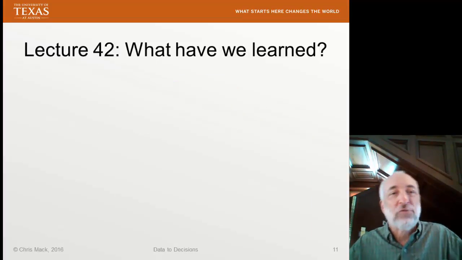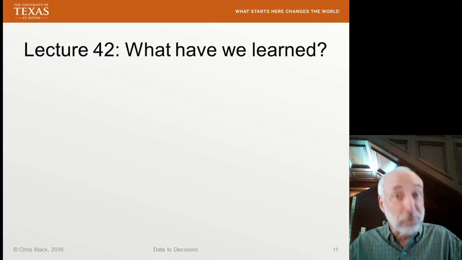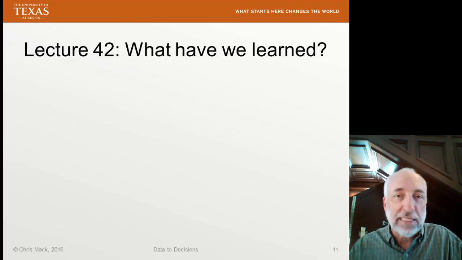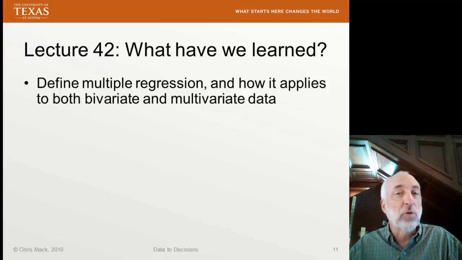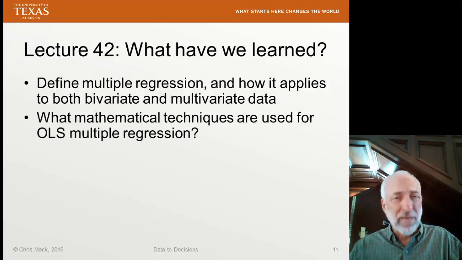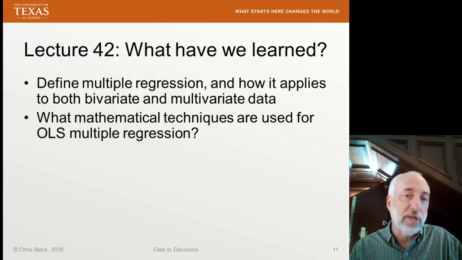All right, let's review. What have we learned in this introduction to multiple regression? As always, you should be able to quickly and easily answer these questions. If not, please go back and review the material. Define multiple regression and how it applies to both bivariate and multivariate data. What mathematical techniques are used for OLS, ordinary least squares, multiple regression?